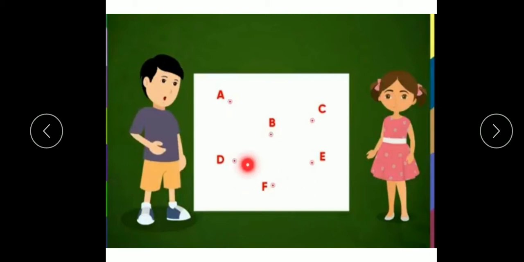Yes, this is your point F. Now can you tell me where is point A? Yes, this is your point A. So by giving names to these points, you can identify them easily, right? So all these are your points.